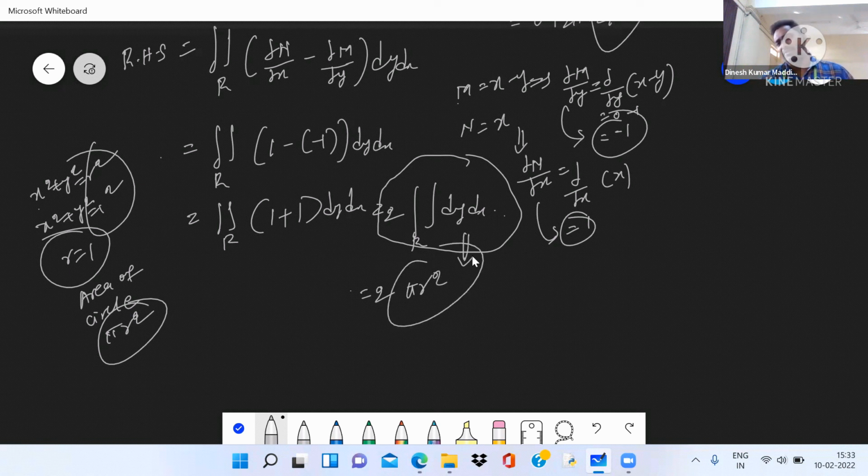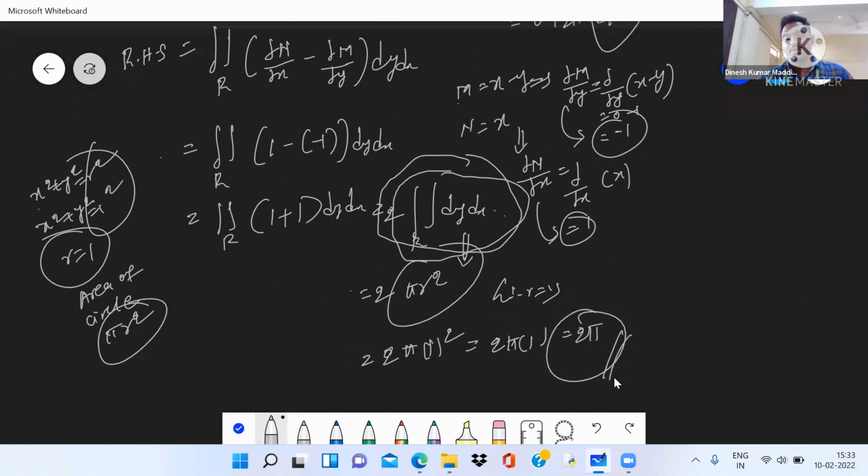By finding limits like that also you can solve, but when we are getting it directly, why go for a complicated method? We know that r is equal to 1, so replace r with 1: 2 pi 1 square, 2 pi into 1, that is 2 pi. Okay? Did you understand this step?